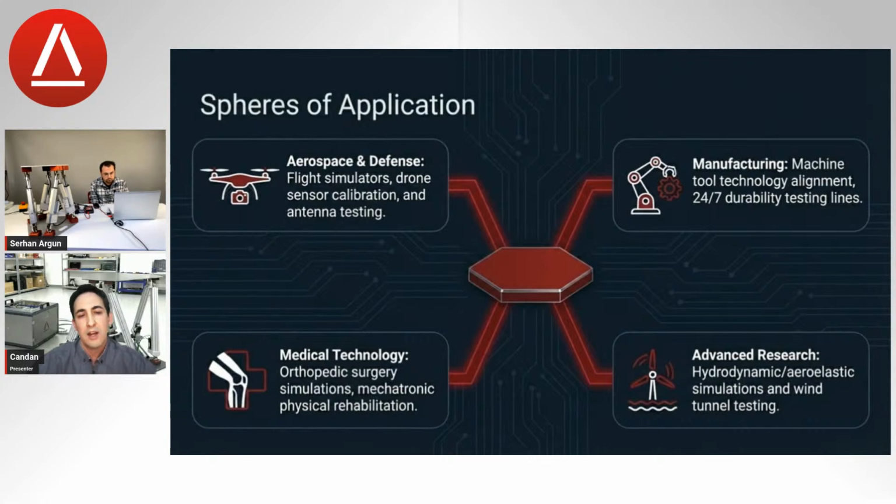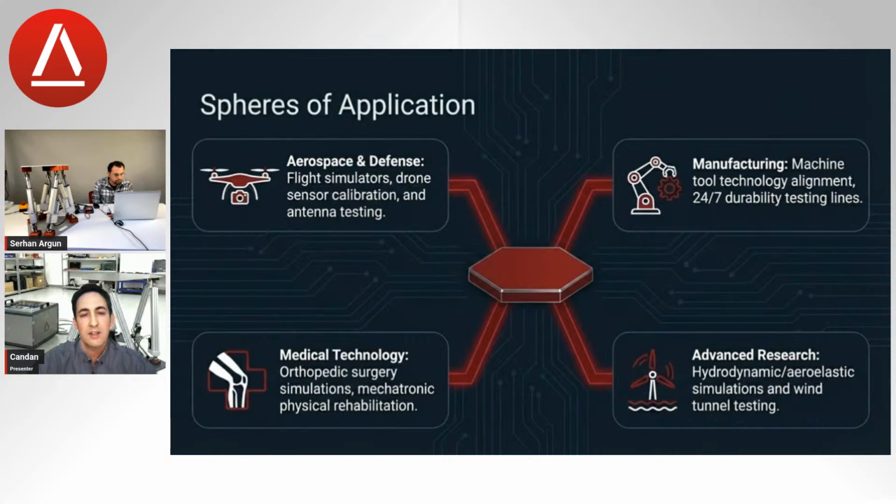Second, there are medical technology applications. We see 2 different approaches here. The first one is human and machine interface or interaction, and it is generally used in orthopedic applications or sometimes surgery or surgeon assistive devices.